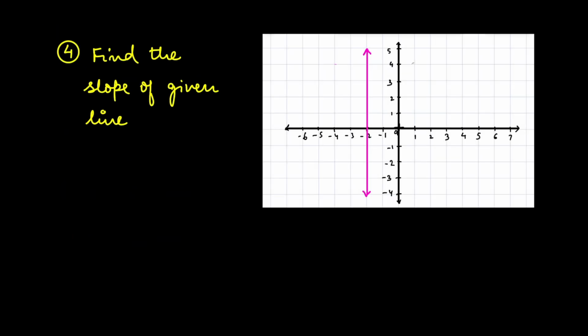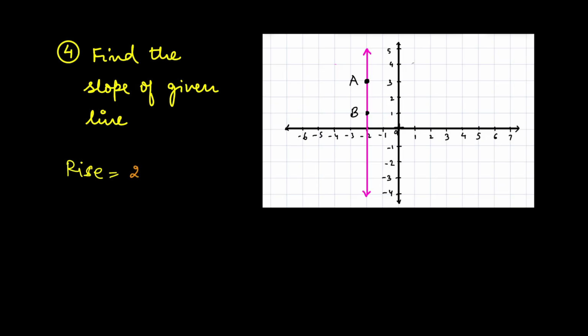Now example 4. Find the slope of this line again. You can see now it's a vertical line. Again we highlight 2 points. Let us say we highlight any 2 points. These are the 2 points and we mark them as A and B. When we write the rise, it will be 2 units whether we go from A to B or B to A. So we write 2 units.